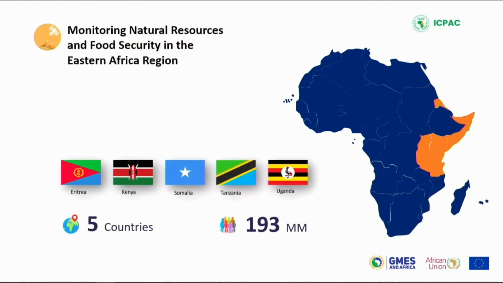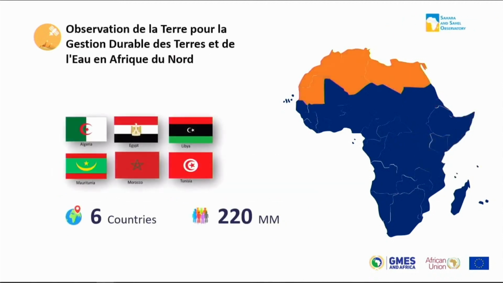The next one, I think ICPAC, they have been monitoring natural resources and food security in the Eastern Africa region. They cover 5 countries, almost, let's say, 200 million people are benefiting from it. We will see some of the benefits right now.